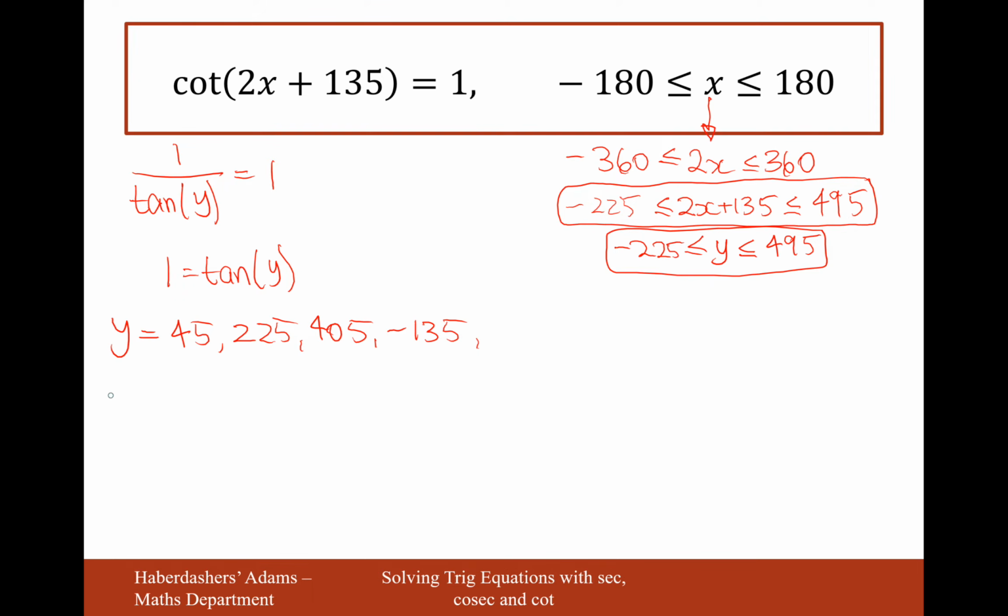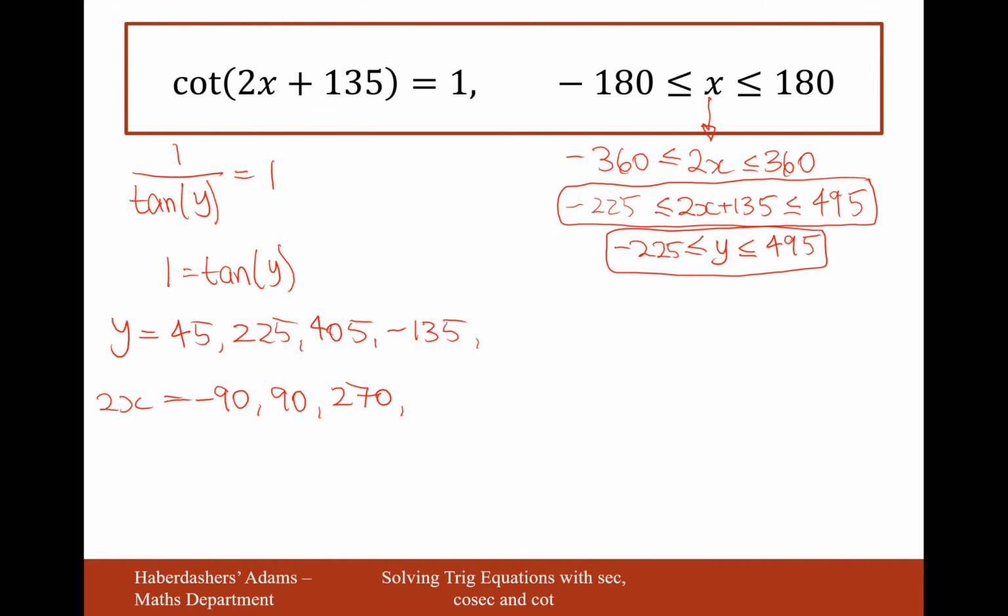The next thing I'll do with each of these is I'll now subtract 135 from each of them. So 45 take away 135 will be minus 90. 225 minus 135 will be 90. 405 minus 135 will be 270.